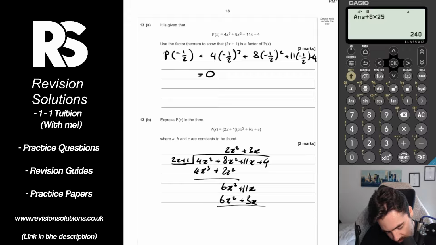Subtracting off one more time, that would be 8x plus 4. 8x divided by 2x gives us a plus 4. Multiplying through just to check we get a remainder of 0, we do get 8x plus 4 again, and that subtracts off to get 0. So our p of x is just 2x plus 1 times 2x squared plus 3x plus 4.